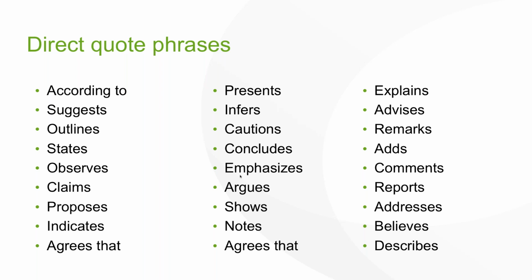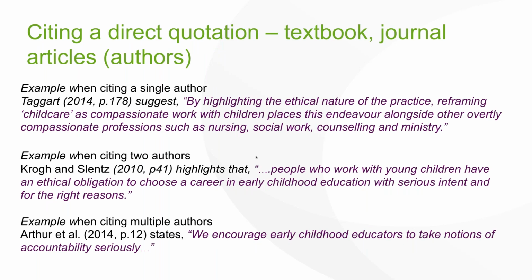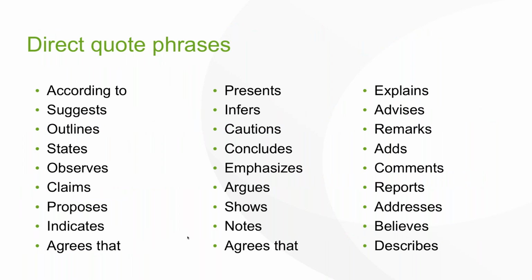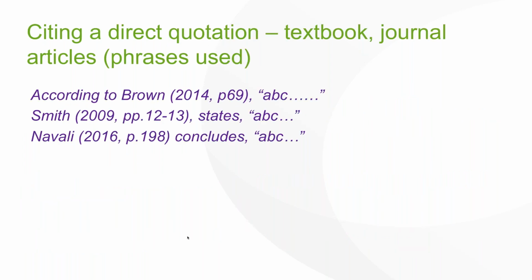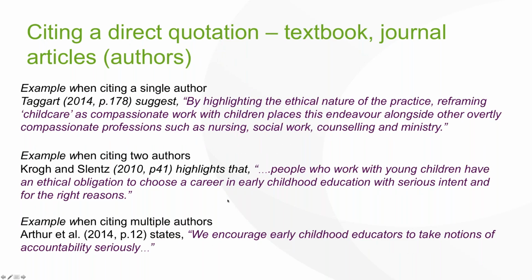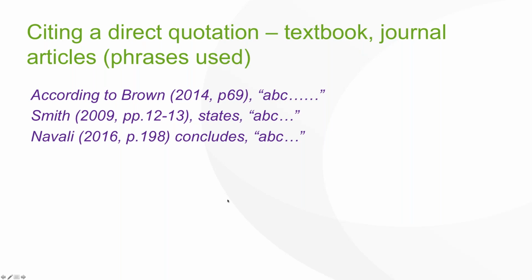We use these different words to assist with our referencing. So if I just go back a page, you'll see Taggart suggests, Krogh and Slentz highlights that, Arthur et al. states. That's what I mean by using these phrases. So according to Brown, Smith states, Navali concludes, and we put in the wording around that.